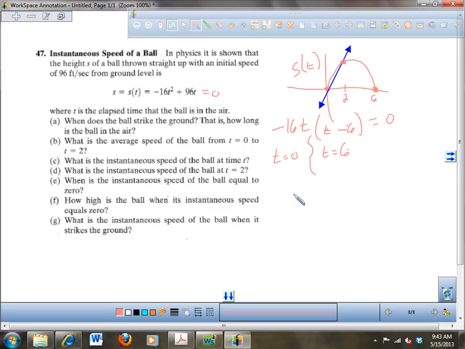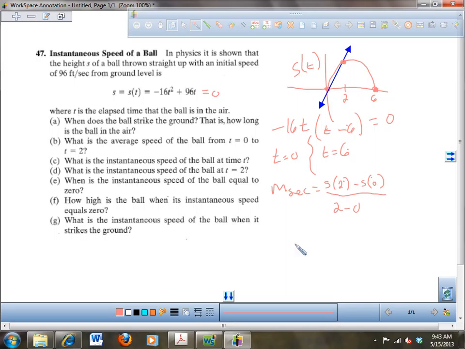So by finding the slope of this line, you're finding the average speed between those 2 points. And the way I would do that is the slope of the secant line. So if you remember this, slope of the secant line is equal to s of t minus s of, well, in this case it'd be s of 2, minus s of 0, because these are the y values, over 2 minus 0, because those are the x values.